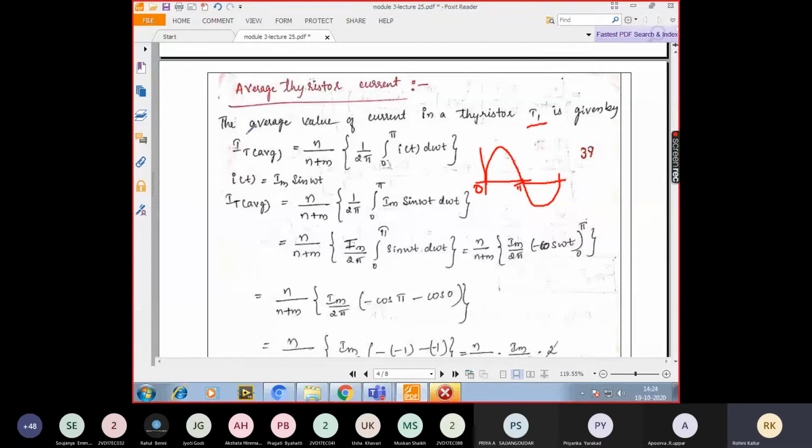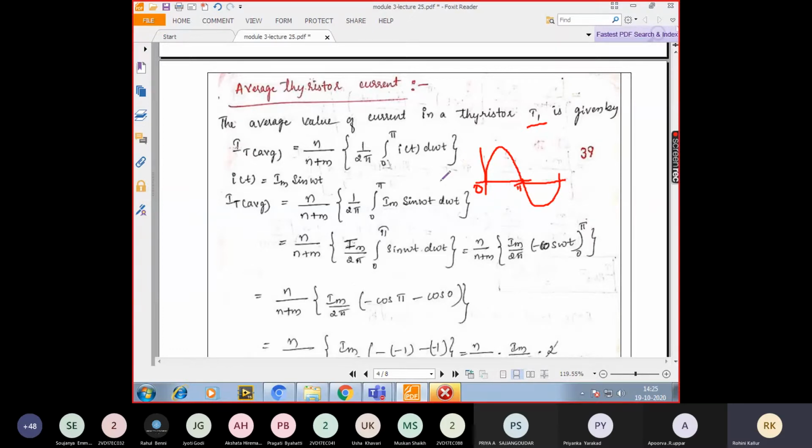Okay. So IT average is equal to n divided by n plus m into 1 over 2 pi, 1 over 2 pi because the complete cycle is 2 pi. So 0 to pi I of t d omega t. V of t we have written as, or Vs we have written as Vm sin omega t. Similarly, I of t will be written as Im sin omega t.